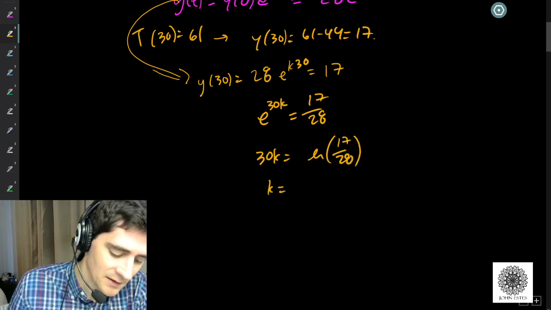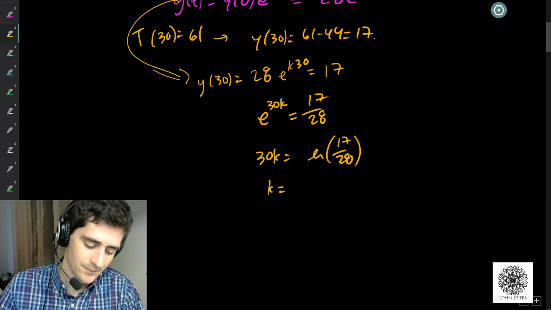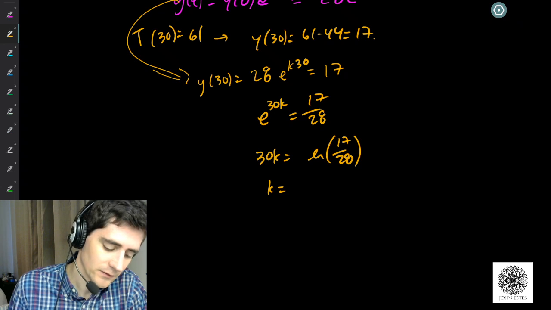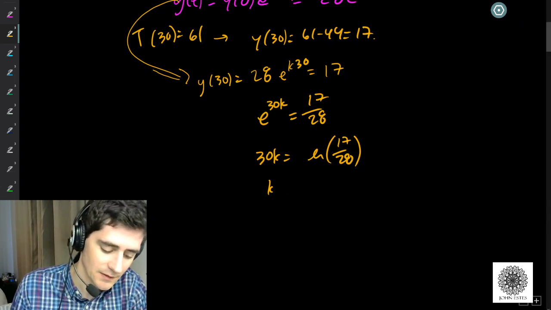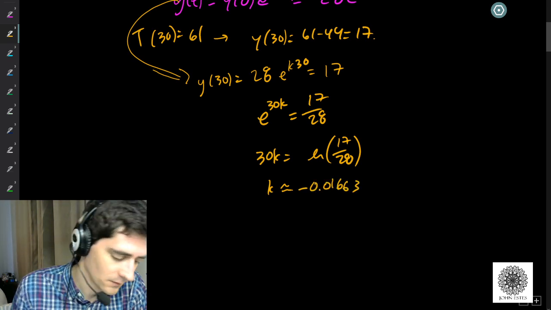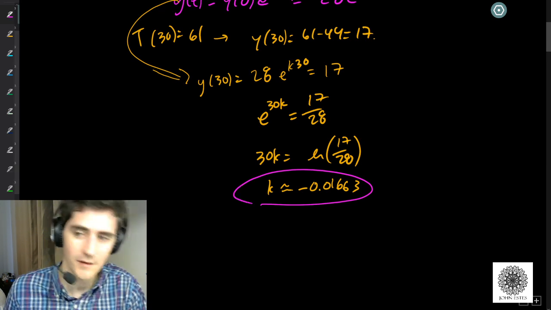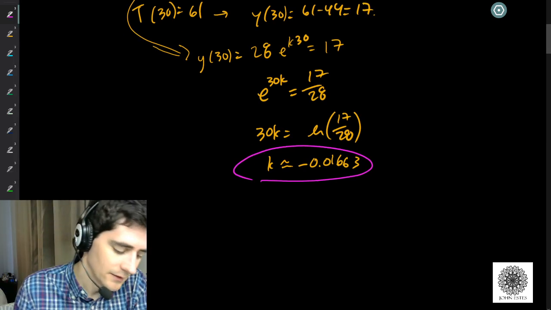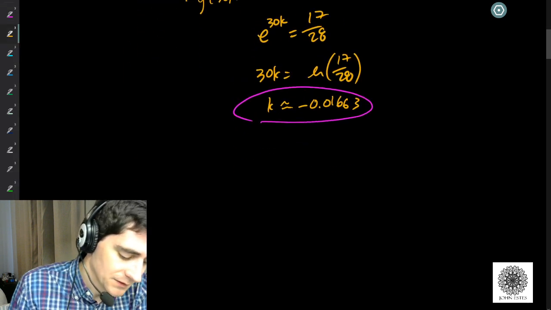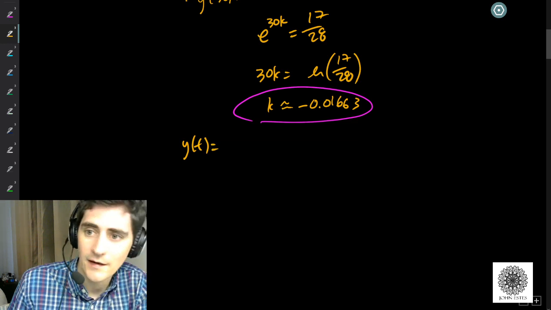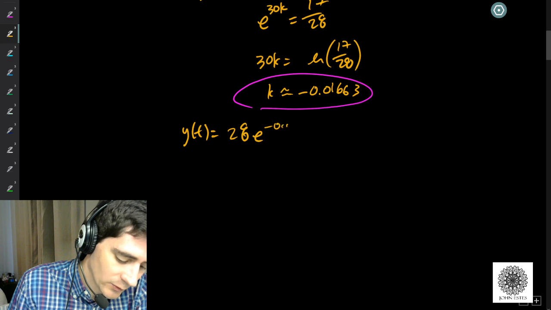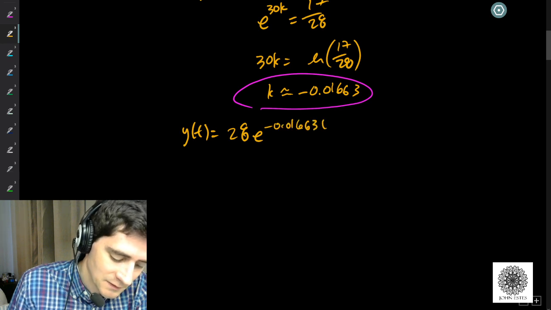So finally, k equals 1/30th ln of 17 over 28, which is approximately, if you plug that into a calculator, you get negative 0.01663. Right, that's my value of k. Okay, so now I know my y function is actually 28 e to the negative 0.01663t power.